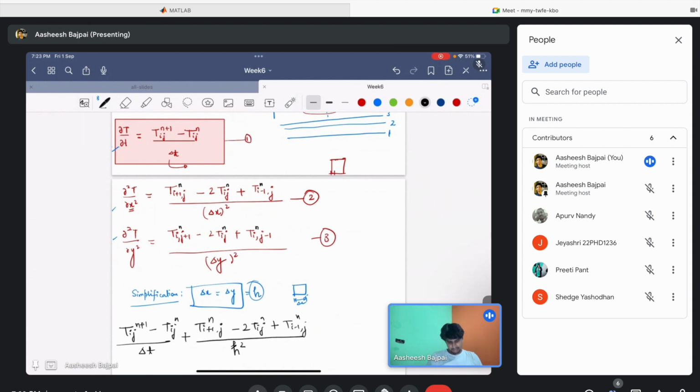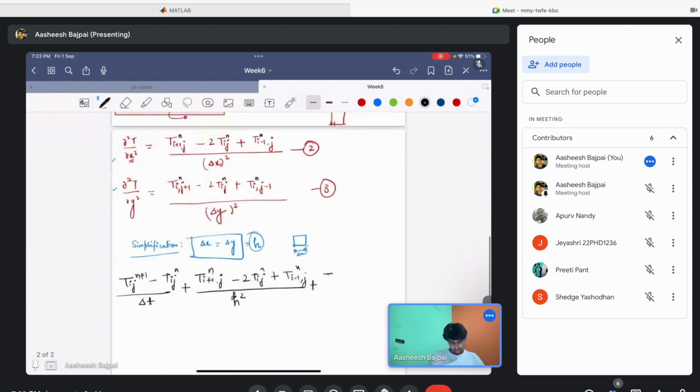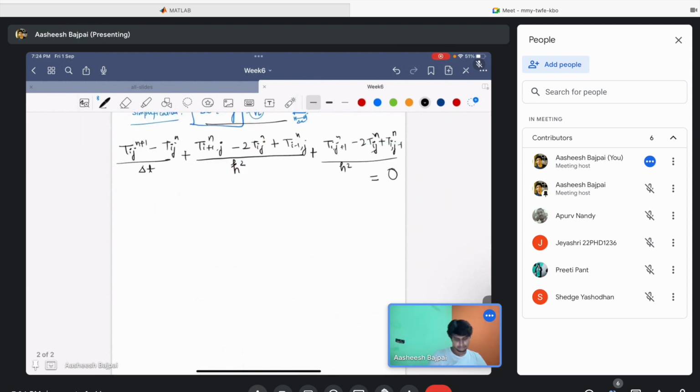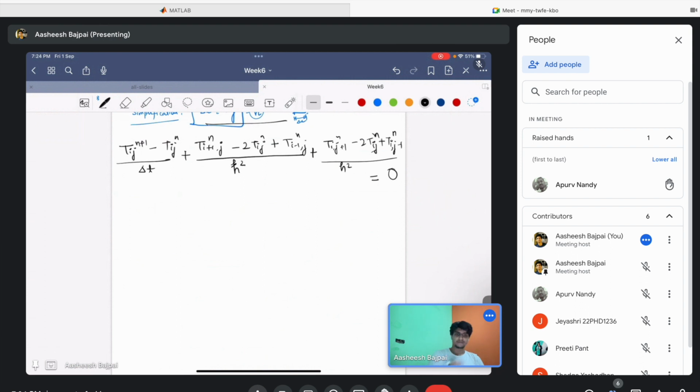I am writing it as h square, plus again another term: T i comma j plus 1 at n minus 2 Tij at the nth time step plus T i comma j minus 1 at n divided by h square again, because delta x equals delta y equals h. Am I clear till here, everyone? Because this is important for writing this down. So we want to know this.